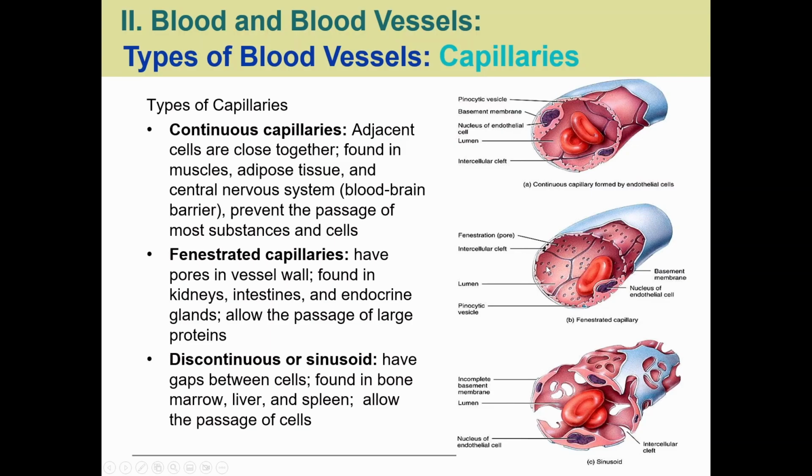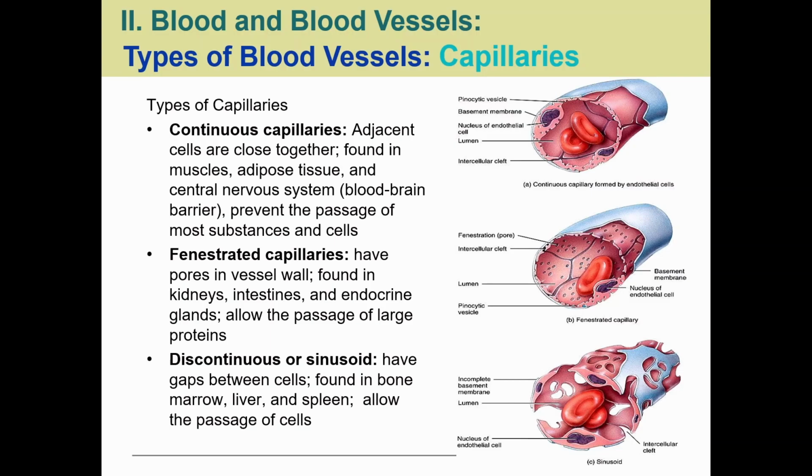And then when we're looking at things where we need entire cells to potentially get through, like the bone marrow or the liver or the spleen, where we have really big things that have to get in and out of the bloodstream, this is where we look at what we call discontinuous or sinusoid capillaries, because again, the reason we have these differences is because of what we need to get through.